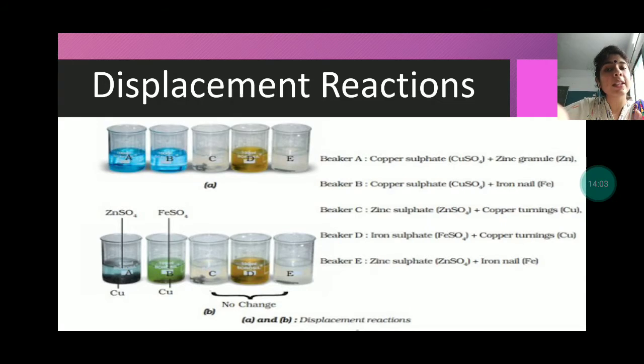In the same way, the displacement reaction occurs. If the metal is more reactive, then the displacement reaction will not occur. If there is a less reactive metal, then the more reactive metal can displace the less reactive metal.